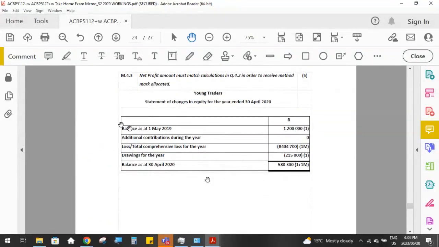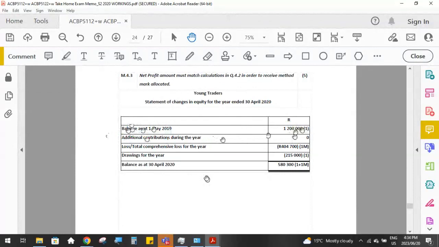So from our pre-adjustment trial balance, we saw earlier on that these were the balances at the 1st of May, what they had put on the pre-adjustment trial balance. So you write that down, balance as at, and you put the date of the beginning of the year. You must have this additional contributions or plus contributions for the year. That line must appear there even though there were, in this case, no contributions.